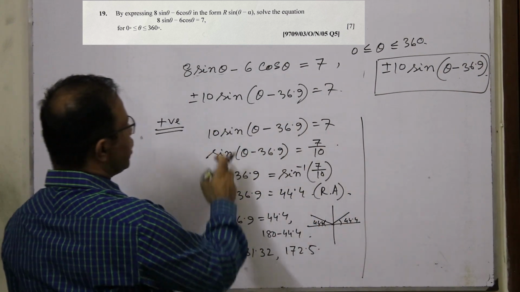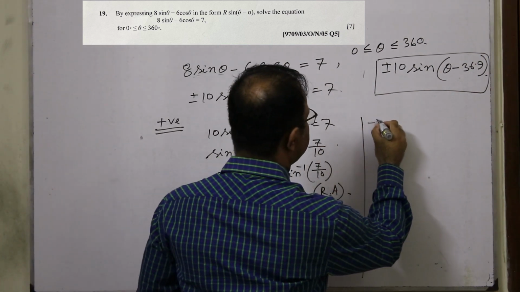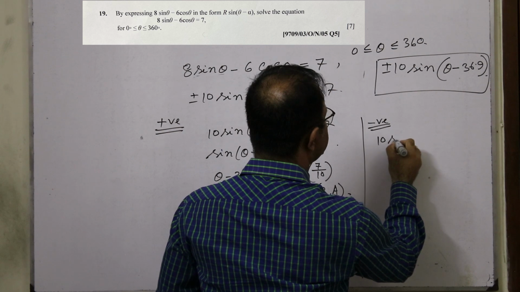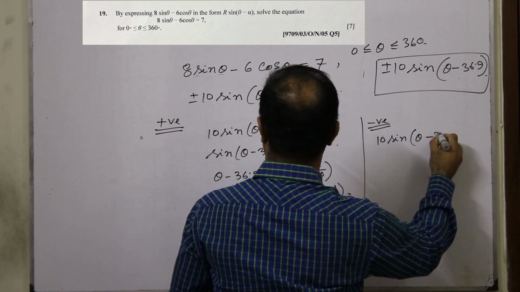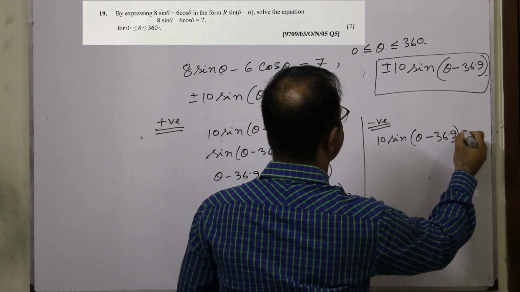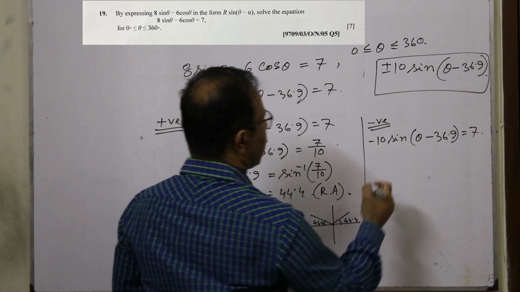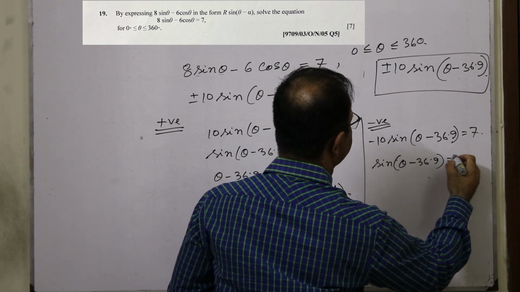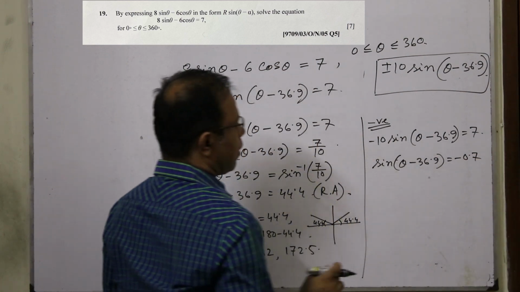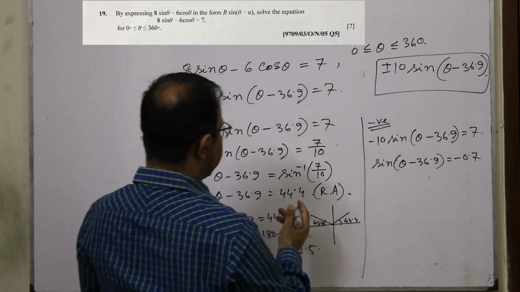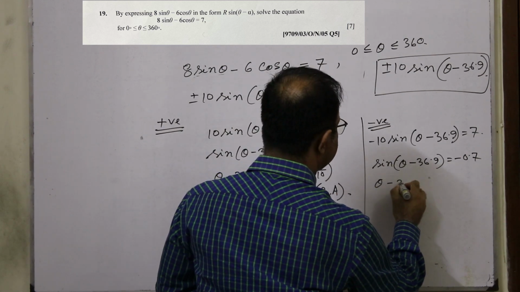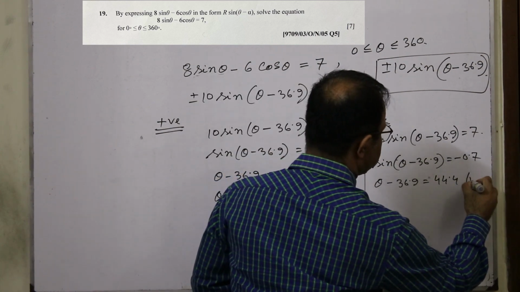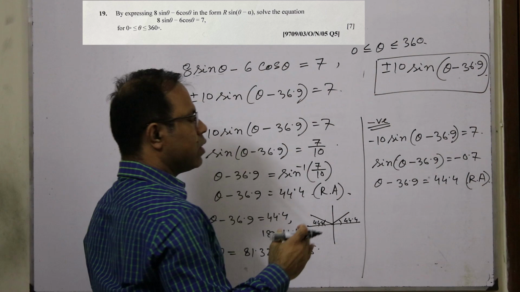Another part: if we take the negative sign, it becomes 10 sine of theta minus 36.9 equals minus 7. So sine of theta minus 36.9 equals minus 0.7. Again the reference angle will be the same, theta minus 36.9 equals 44.4. But now what are the solutions?